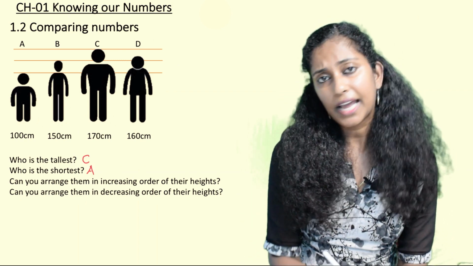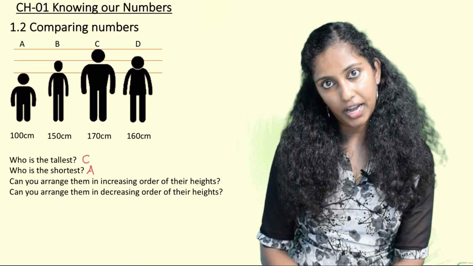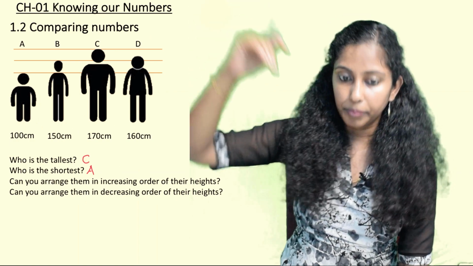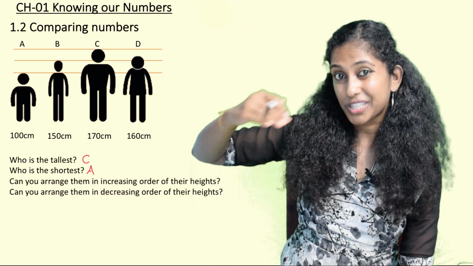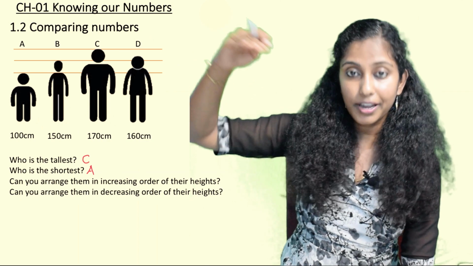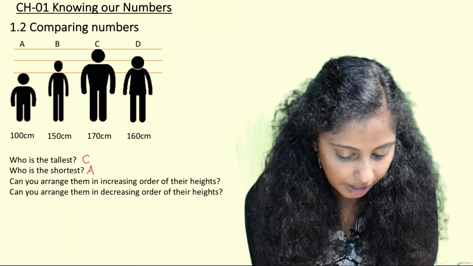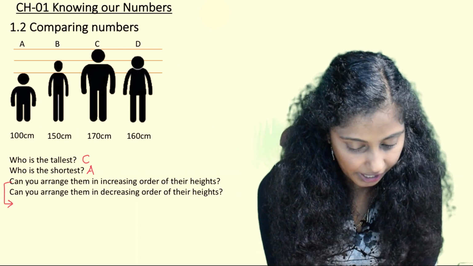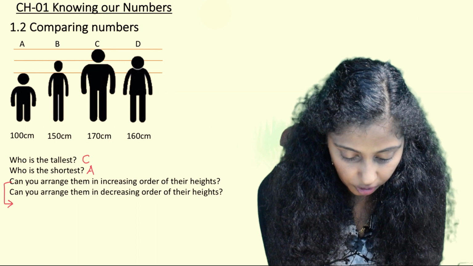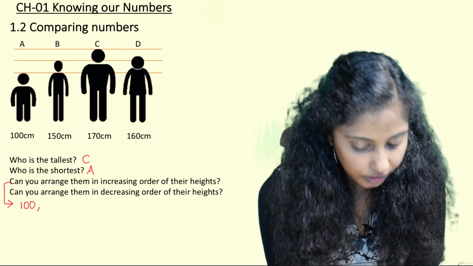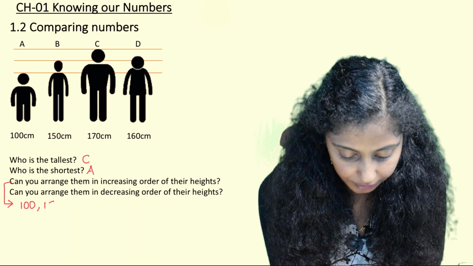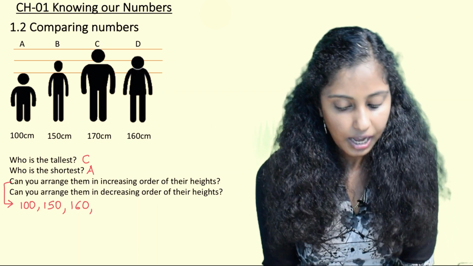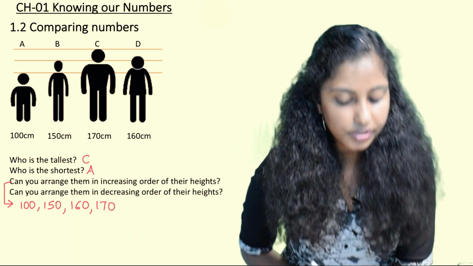Then the next question is, can we arrange them in increasing order of their heights? Increasing order means it will keep on going up from a smaller to a bigger number, just as when we climb stairs, we go from a lower stair to a higher stair. Similarly, here we arrange them in increasing order of their heights: first the smallest number 100, then the little bigger number 150, then 160, and the biggest of all is 170.